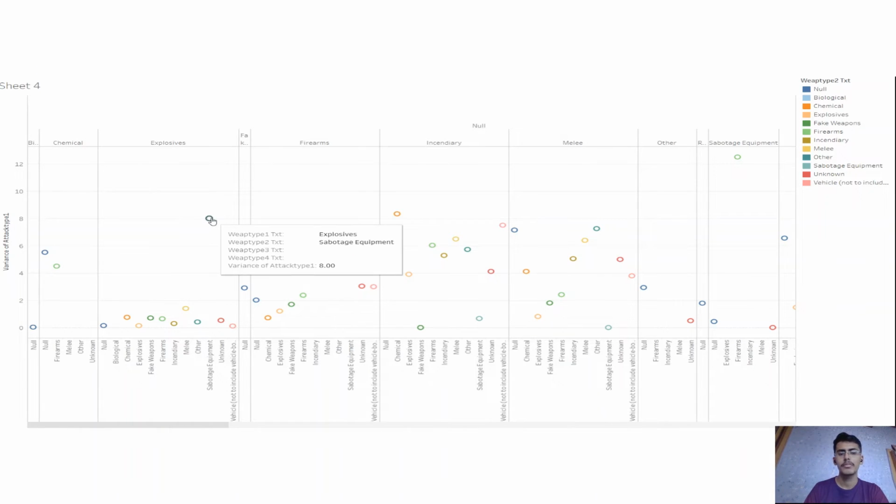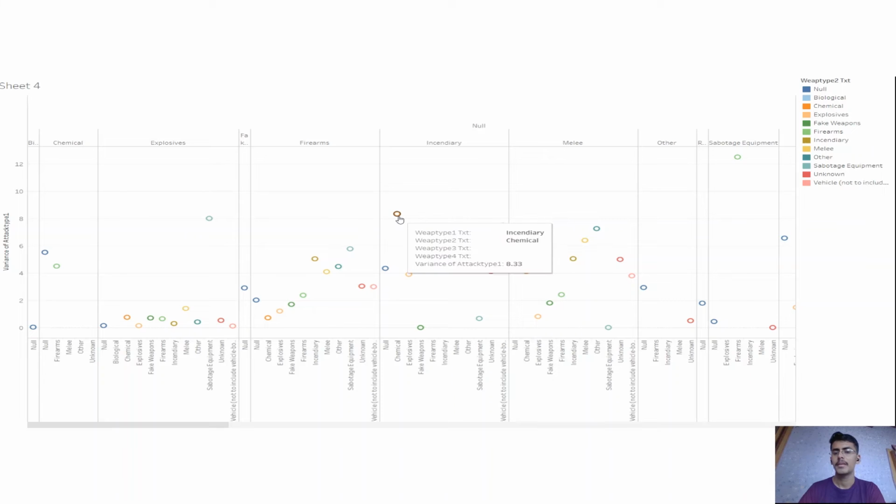During explosives and sabotage equipment, weapon types 1 and 2 are used, and in attack 1 the share of these weapons is around 8.0. Similarly, in the incendiary, again chemical weapons are mostly used.